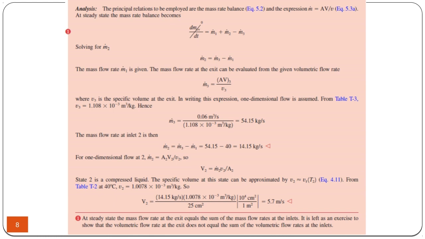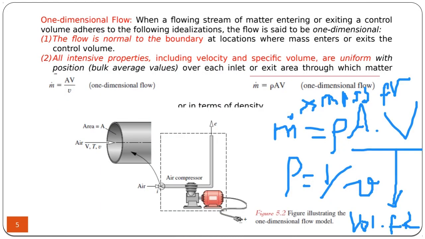So the sum of them is going to be 0. So m dot 2, the mass flow rate at inlet 2, can be found from m dot 3 minus m dot 1. M dot 3 can be written as the volumetric flow rate divided by v3, according to the definition made here. So m dot can be written as A times V, which is the volumetric flow rate, divided by the specific volume.